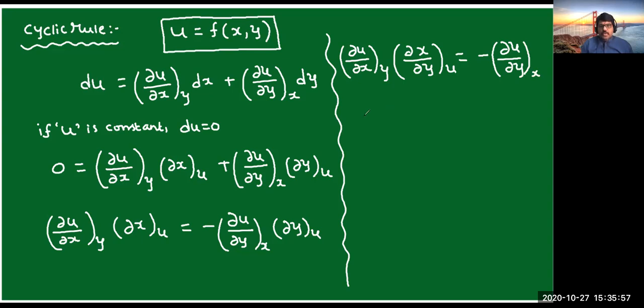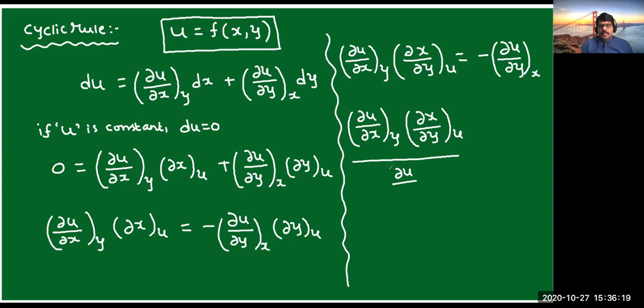So it becomes del u by del x at a constant y into del x by del y at a constant u by del u by del y at a constant x is equal to minus 1.